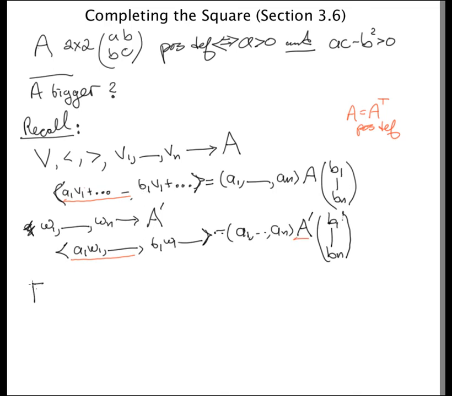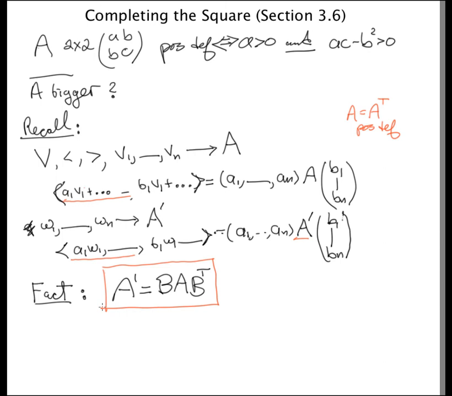And I mentioned last time that you can actually realize that A prime is equal to some change of basis matrix, B A B transpose. And a key fact about this, remember, I mentioned this last time, but I'm going to write it out. I said that A is symmetric. Well, A prime is supposed to be symmetric.